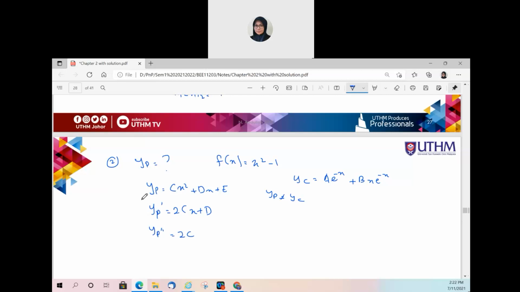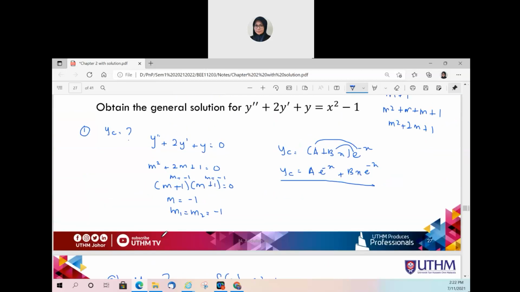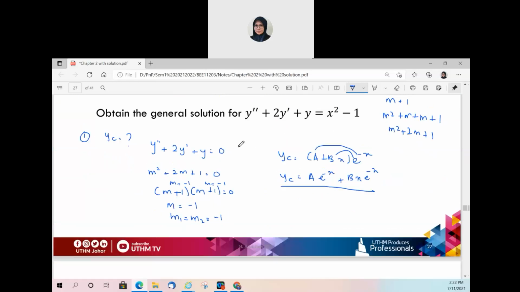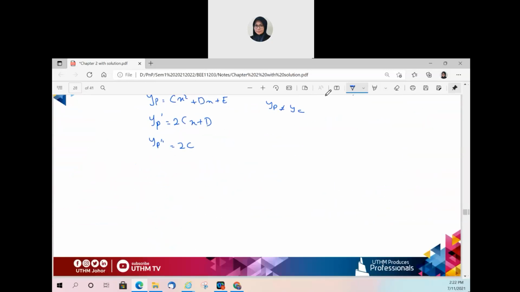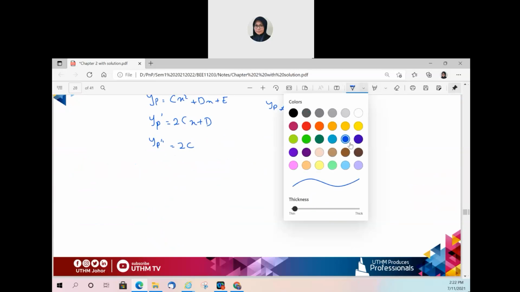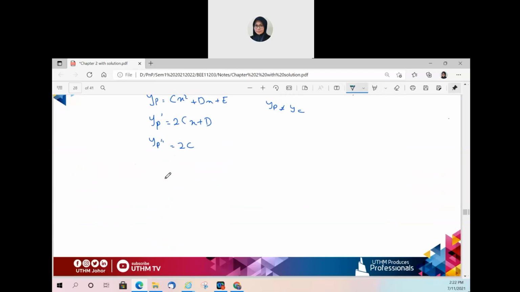We will replace these in this equation. So our equation is y double prime plus 2y prime plus y equals to x square minus 1. So this one will be yp double prime plus 2yp prime plus yp equals to x square minus 1. Okay, so yp double prime is 2c, so 2c plus 2yp prime.